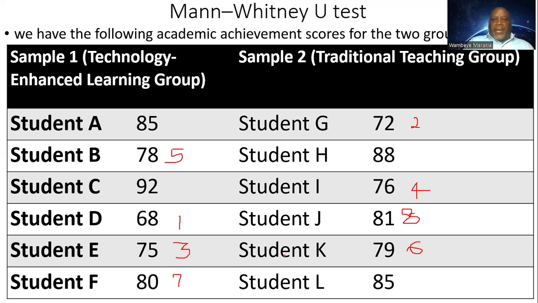Then 85, I have two of them. I have this one and this one here. So they are supposed to take rank 9 and 10. So what I will do here is take rank 9 plus rank 10, which is 19, and then divide by 2.